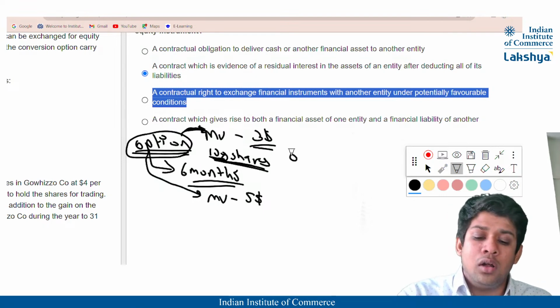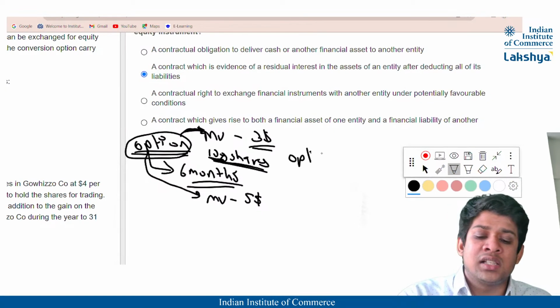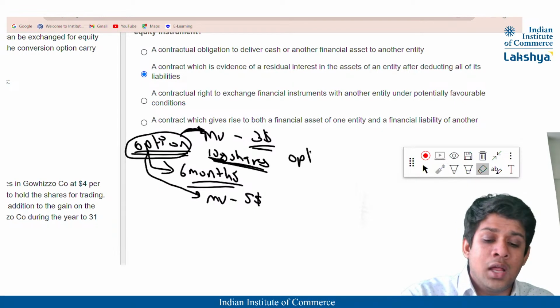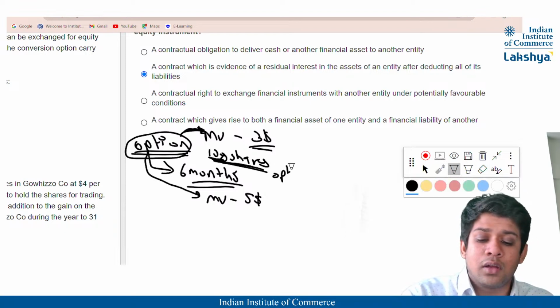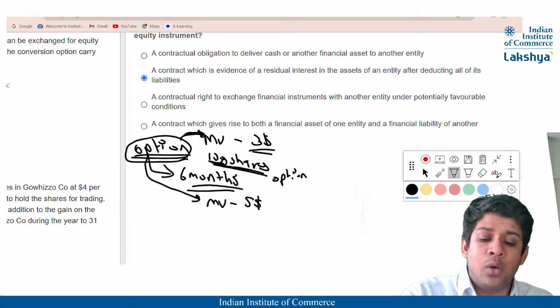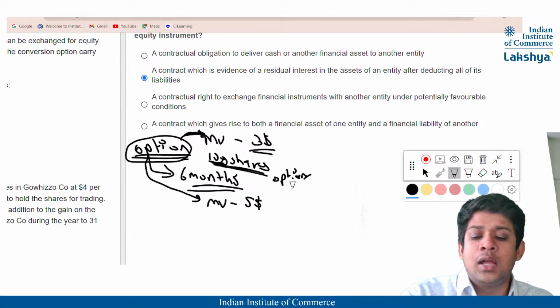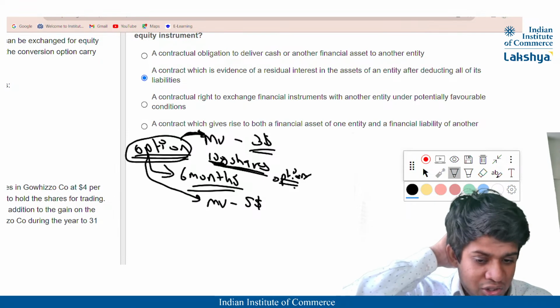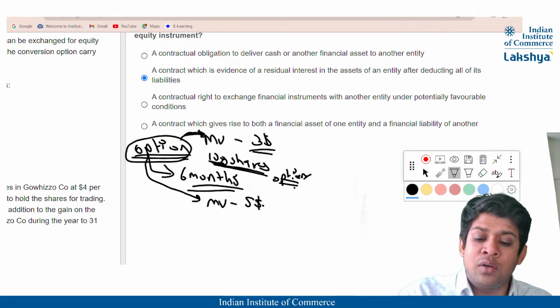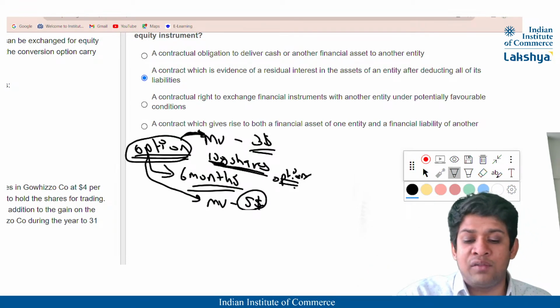So this option is technically an asset to me, correct? This option is technically an asset to me because it will give me future economic benefits, right? How will it give me future economic benefits? Because on a later date, when I go to purchase these shares, the market value will probably rise up to $5.